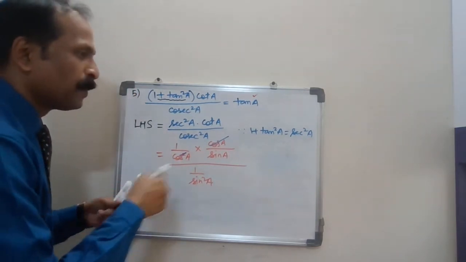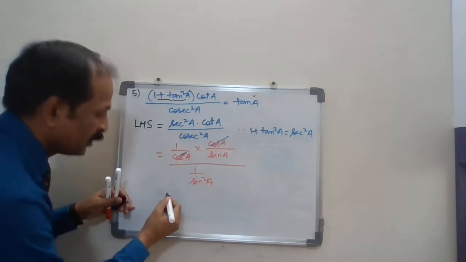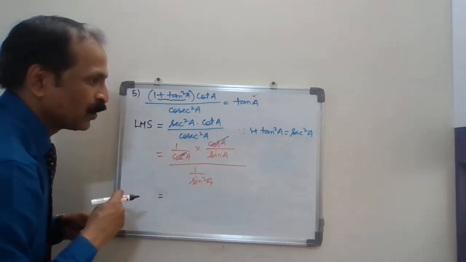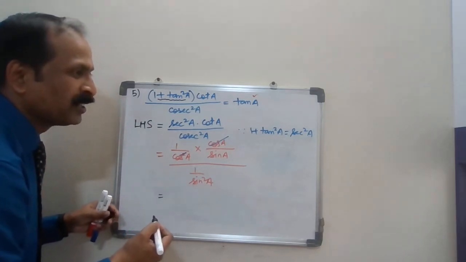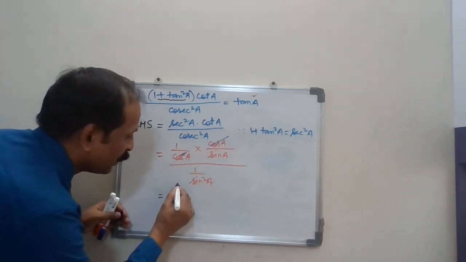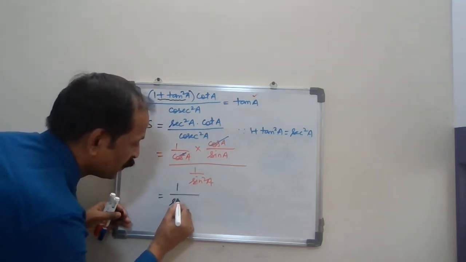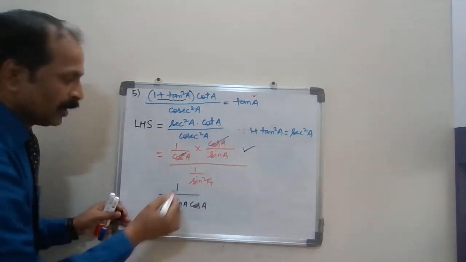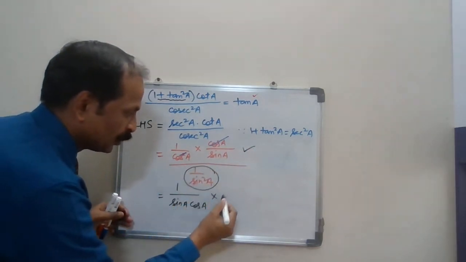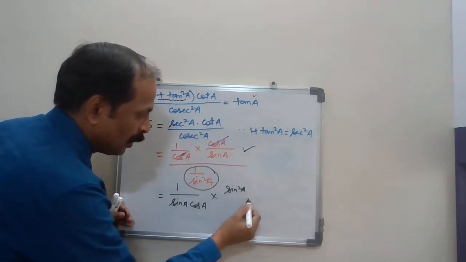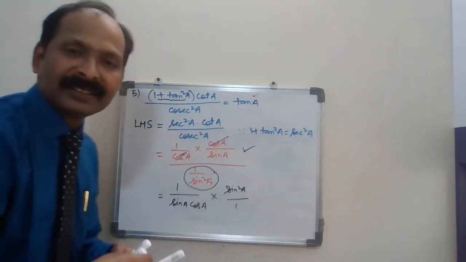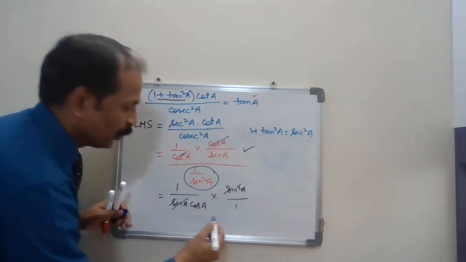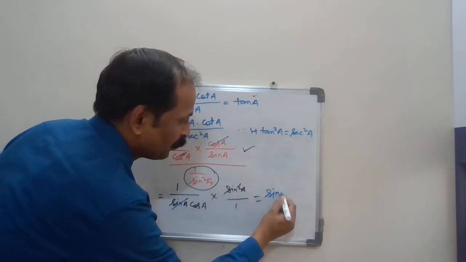So what I got, your numerator is sine A upon sine A cos A. And down you got 1 upon sine A cos A. This is this part, and this you can write as a reciprocal, so sine square A upon 1. Again you can cancel this sine and sine square, and you got your answer, sine A upon cos A.